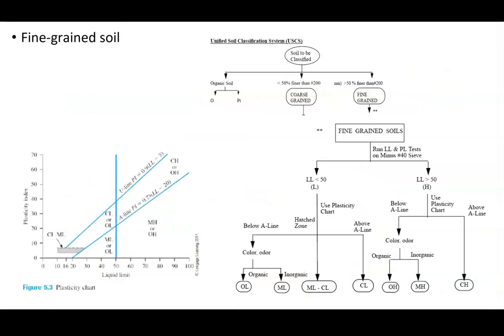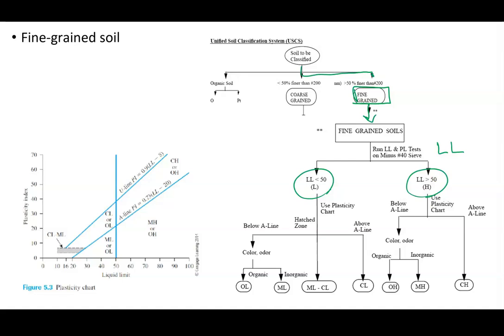Now, if from step 1 we see that more than 50% of particles are smaller than sieve number 200, which means that we have a fine-grained soil, in this case what is important for us is the plasticity of the soil. So you need to look at plasticity or liquid limit.